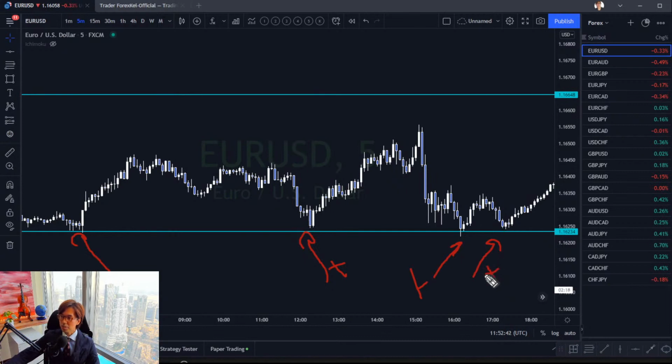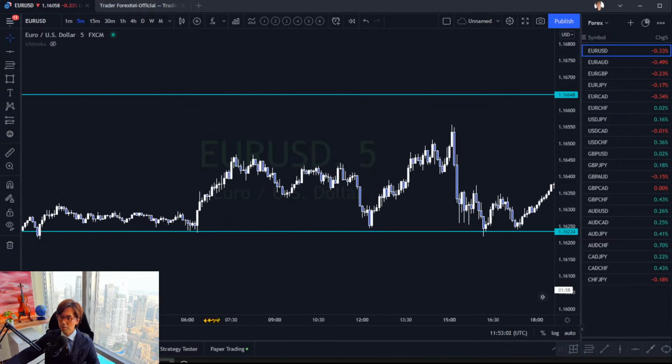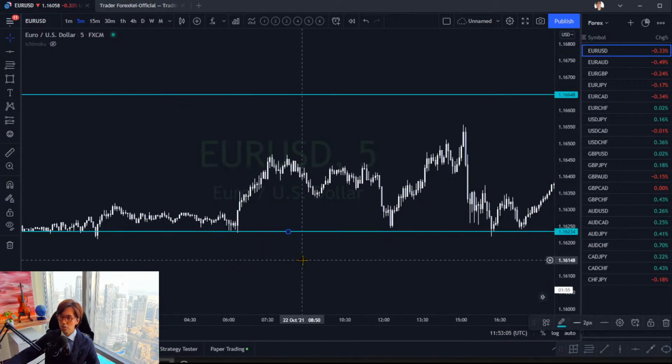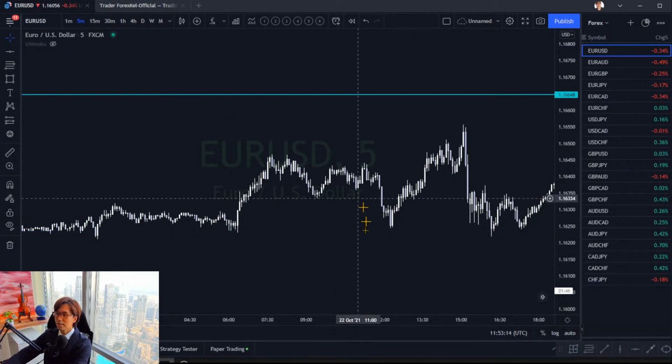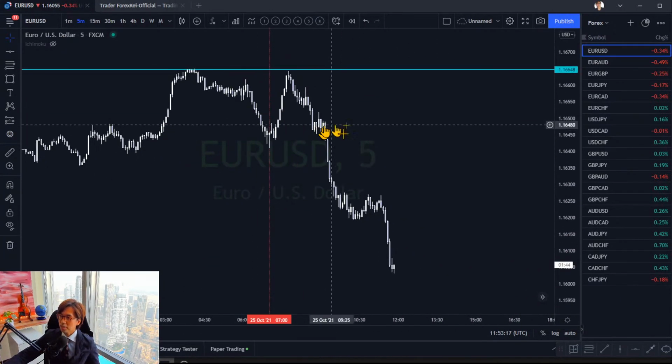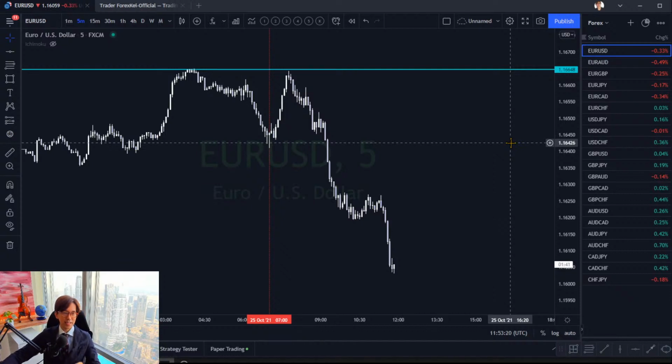Sometimes people say that, but in my eyes these are all supports, because this is a support zone instead of one single line exactly at 1.1623. So it's good to not be precise. Roughly this level will be support, roughly this level will be resistance, and that's very important, because the market does not always react exactly at those price levels for bounces or breakouts.